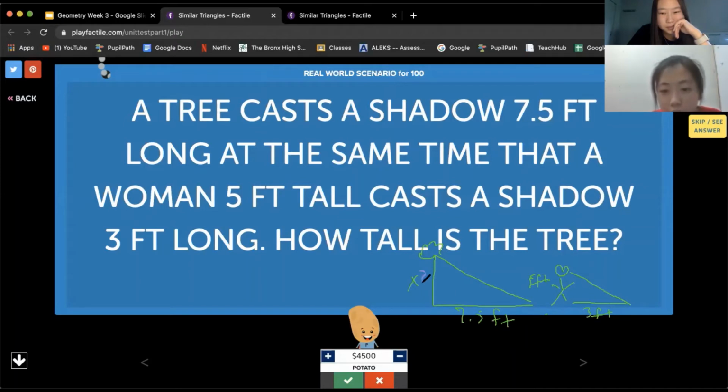So what we do is we set up a proportion, just like what we did before. So x over 7.5 equals 5 over 3.